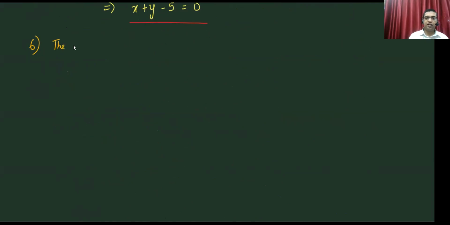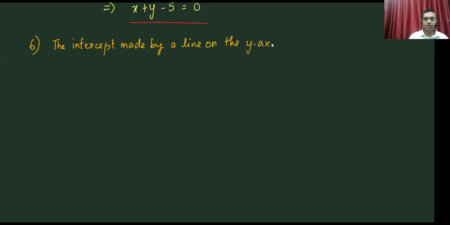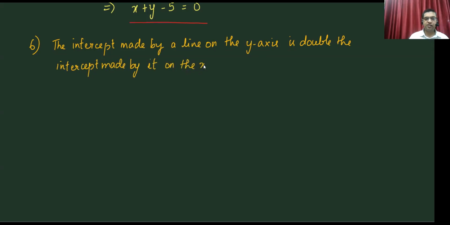The intercept made by a line on the y-axis is double the intercept made by it on the x-axis.